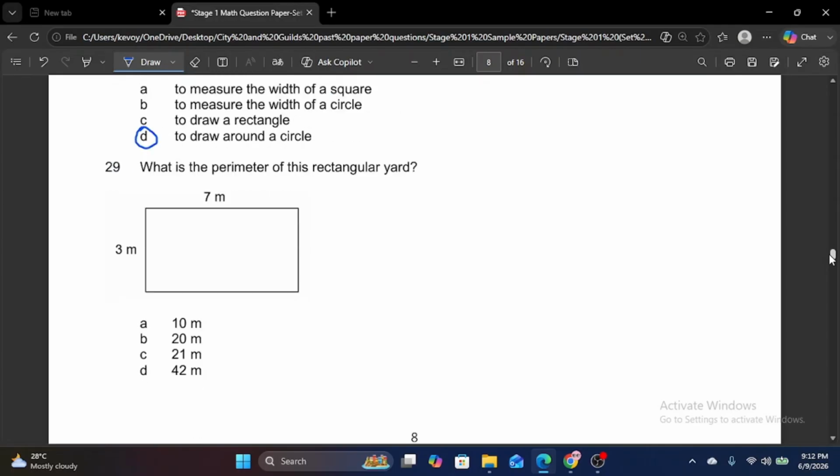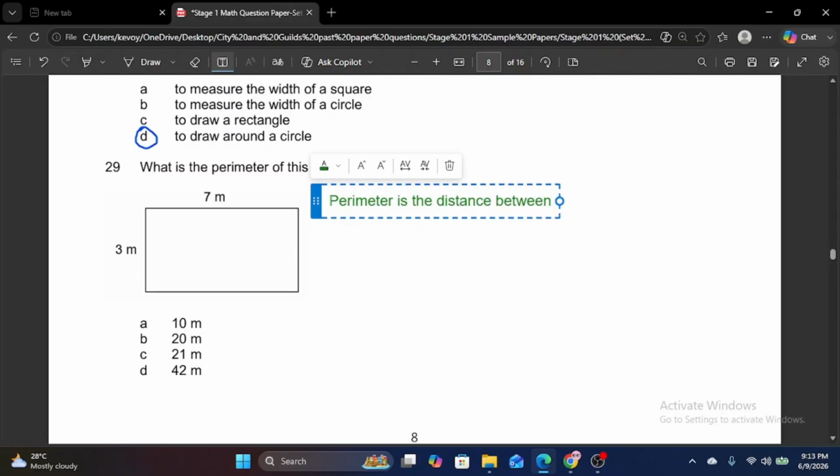Alright, so question 29. What is the perimeter of this rectangular yard? Now, perimeter is the distance around a shape.